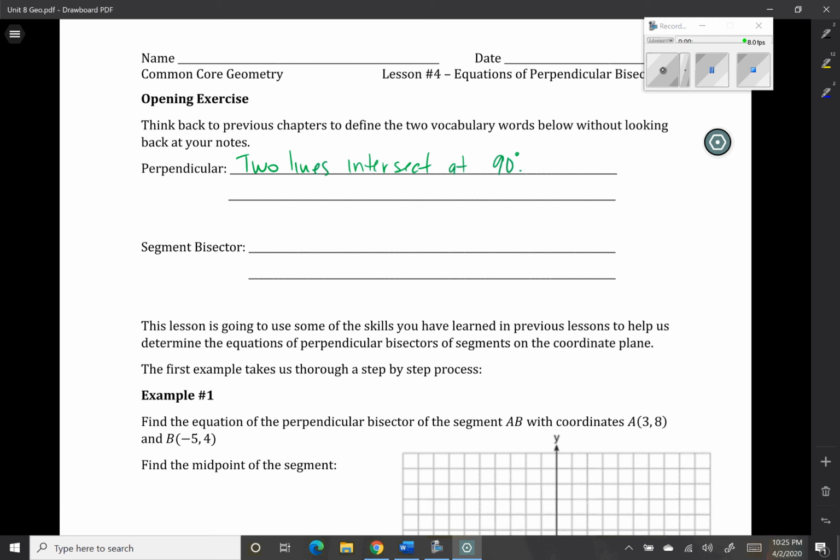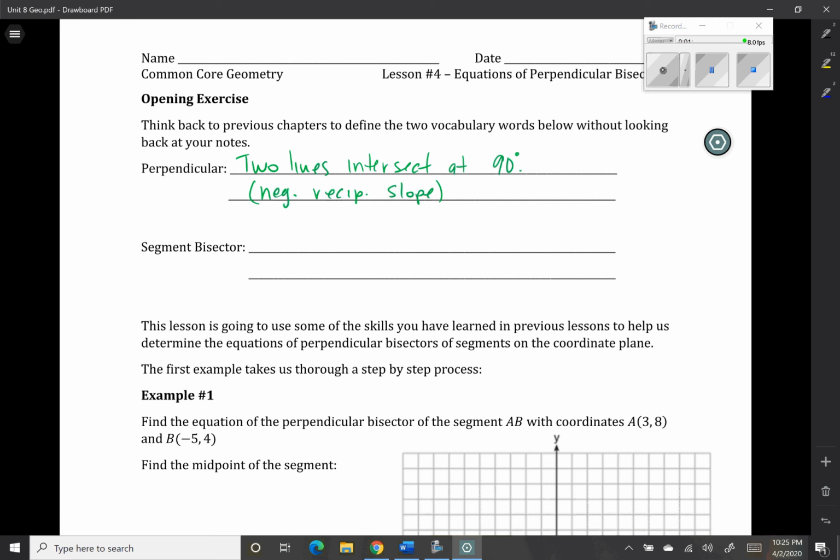Now, because we're in the chapter about coordinate geometry, what this means to us in coordinate geometry is these have negative reciprocals of slope, right? So when we're looking at this in coordinate geometry, yes, the 2 lines are perpendicular. That means that they intersect at a 90-degree angle, but in coordinate geometry, we're also adding the extra piece of they create negative reciprocal slopes. That's what we learned in the last couple lessons.